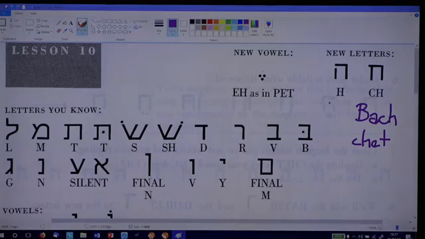This H is a hey. The name of the letter, hey. This vowel is a segol.